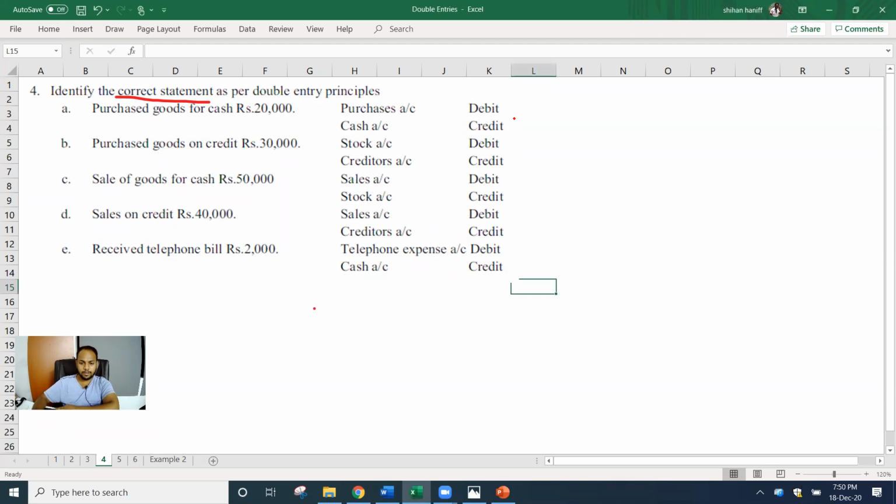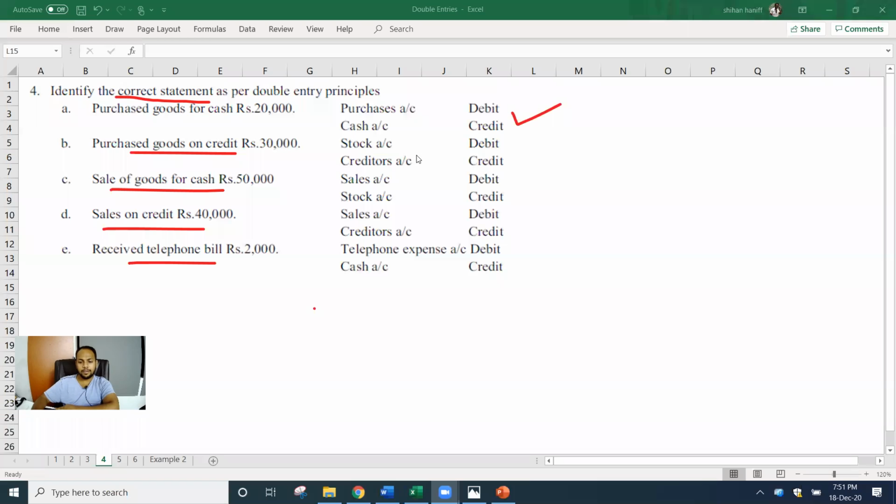First one is correct. This one is correct.